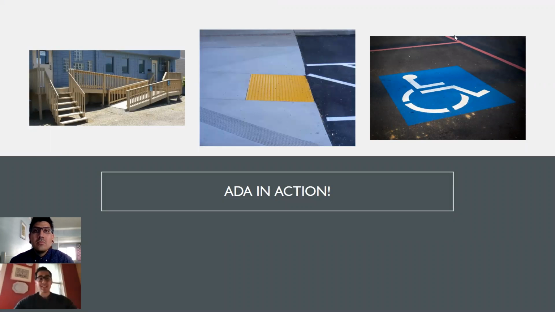Now, ADA in action. I guarantee everybody has seen ADA in action, whether they've walked to the store or driven somewhere and parked the car in a parking lot. You have seen this act in action wherever you go. Starting from our left, we have what looks like a ramp.